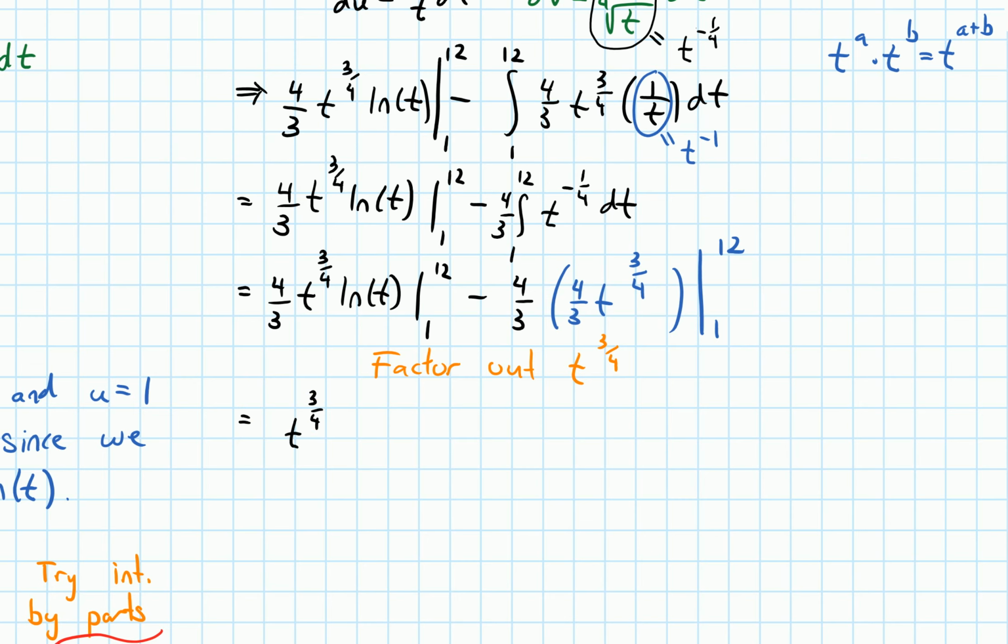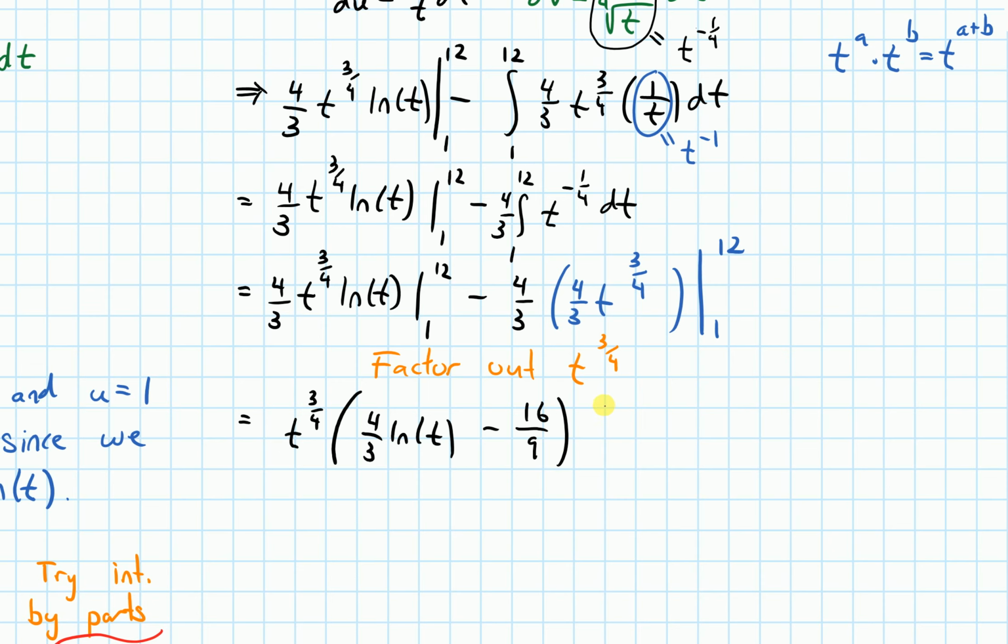If I wanted to, I could also factor out the 4/3, because that is also common to both of them. But I'm just going to go ahead and factor out t to the 3/4. So when we factor that out from the first term, we will be left with 4/3 ln of t. And from the next term, we'll be left with minus 4/3 times 4/3, which is minus 16/9.